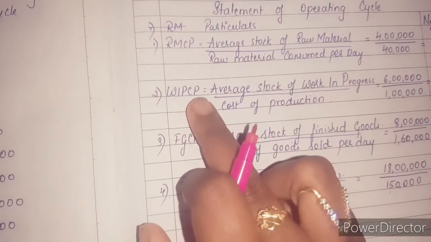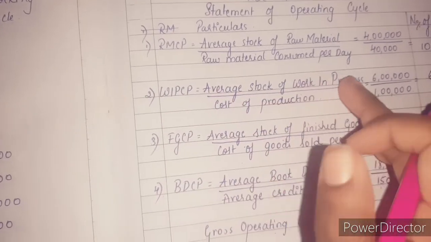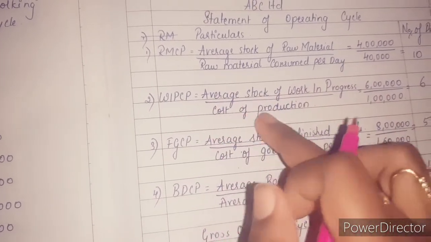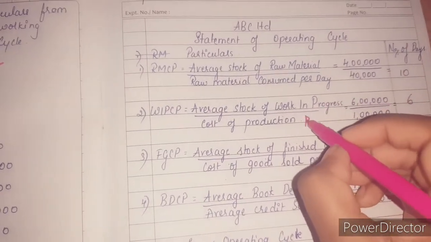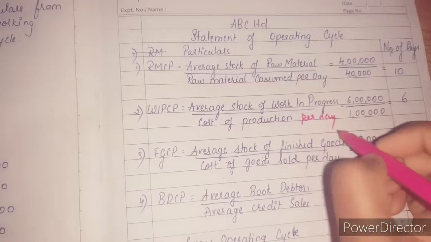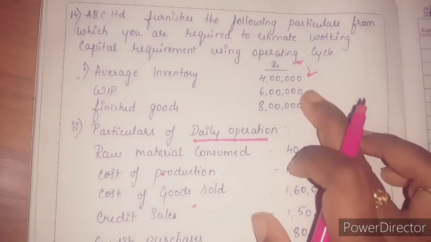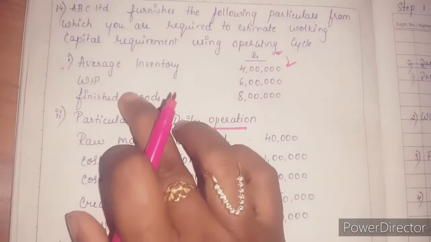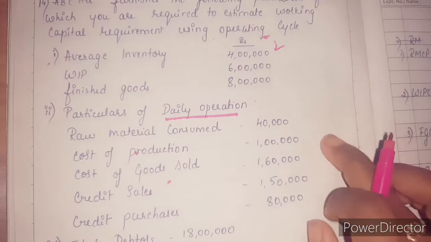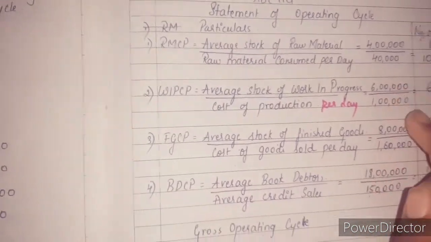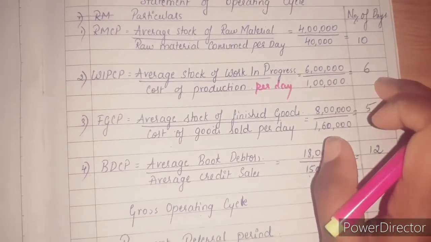Work in progress conversion period is equal to average stock of work in progress divided by cost of production per day. That is, average work in progress is 6 lakhs divided by cost of production, that is 1 lakh. So 6 lakh divided by 1 lakh, that is equal to 6.